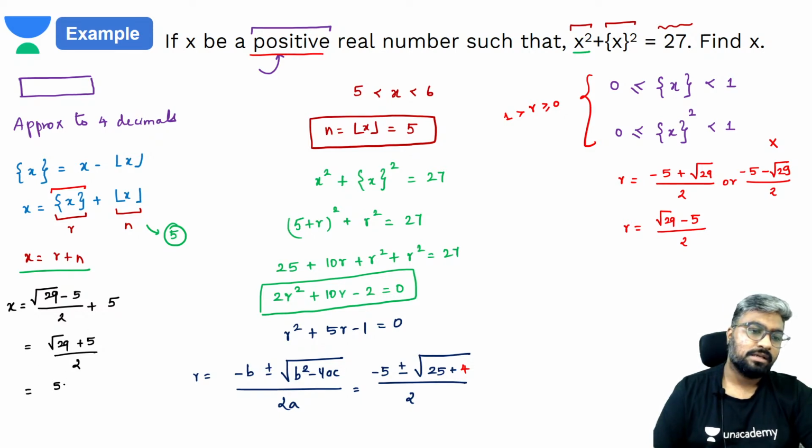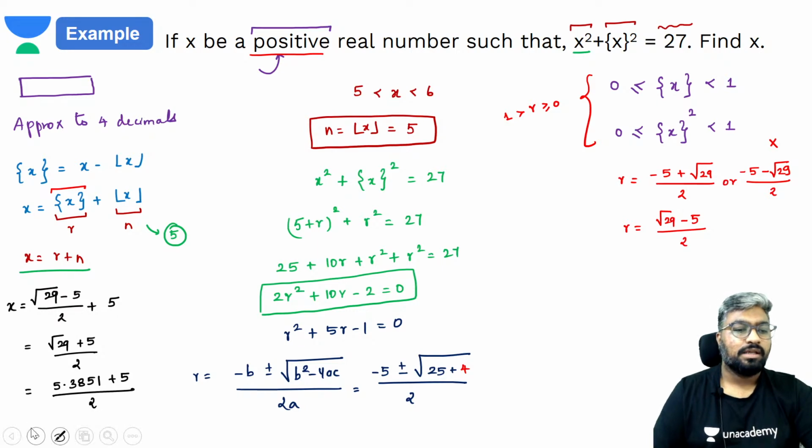So this is 5.3851 plus 5 by 2, giving us 10.3851 by 2.